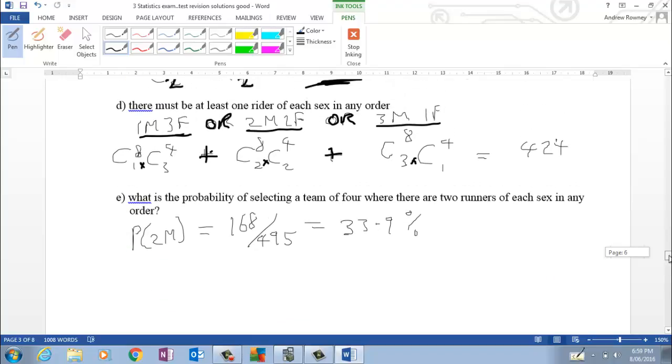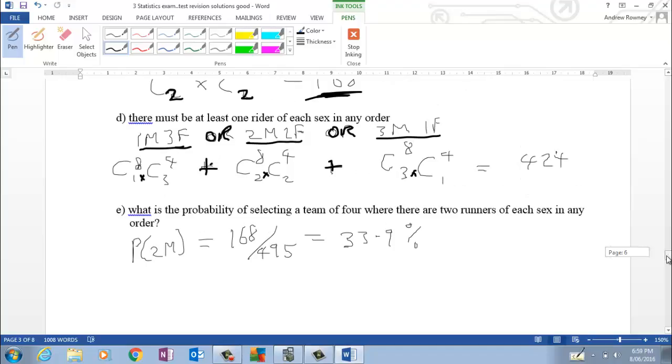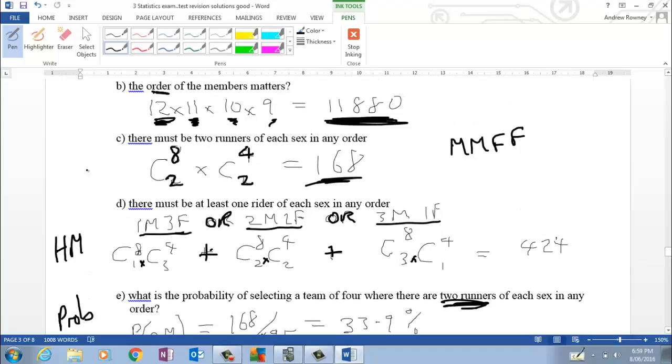Part E, what's the probability of selecting a team of 4 where there are 2 runners of each sex? So this is how many teams you can have. This is the probability of teams. Now probability is how many out of the total. This is about the 2 runners of each sex, so that's talking about this one here.